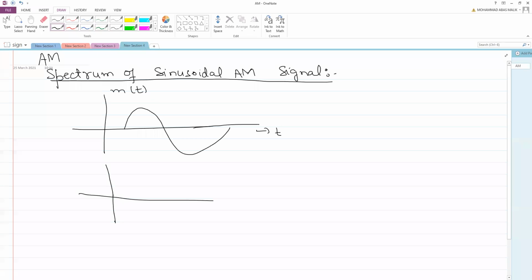So let this be the carrier signal. It's sinusoidal. This is T and this is your C of T.